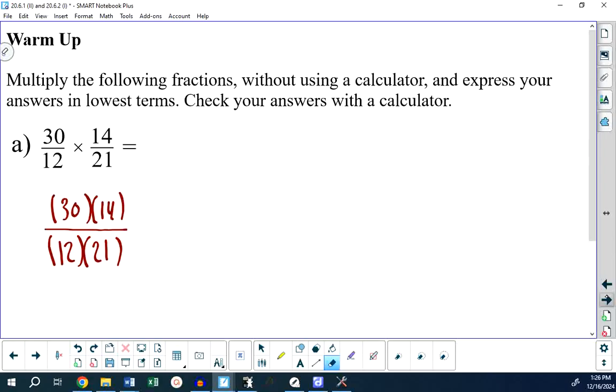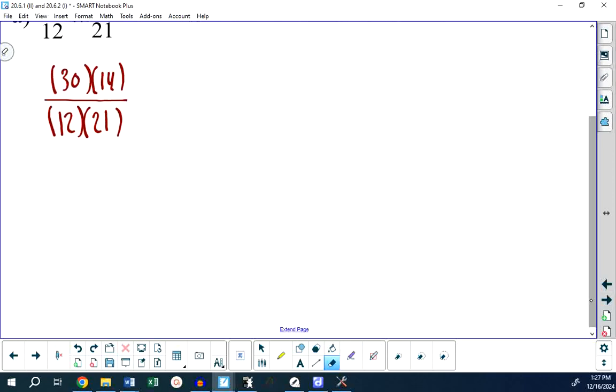In that one stroke of the pen on the smartboard, I have changed this into a single rational expression. It's no longer two rational expressions, it's a single rational expression. It's a fractional expression, it's a numerical rational expression, if you want to call it something. But that means I can factor this completely.